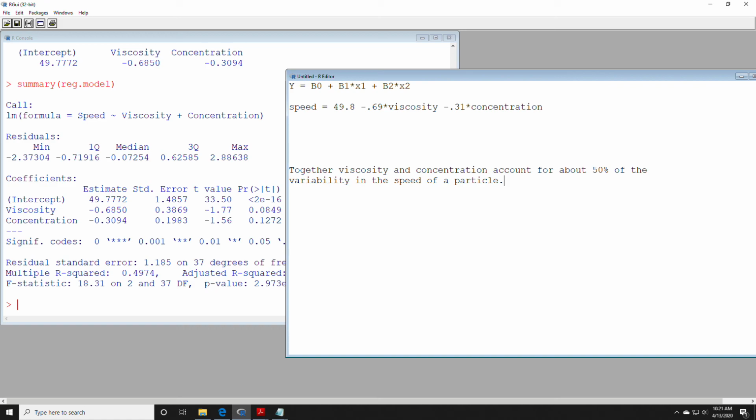Meaning it seems like they do. Based on this, they're accounting for half of the variability. That certainly leaves room for improvement, but it does seem like there's a relationship. If you just tack in two useless predictors, they probably shouldn't account for much of the variability if there's no relation.